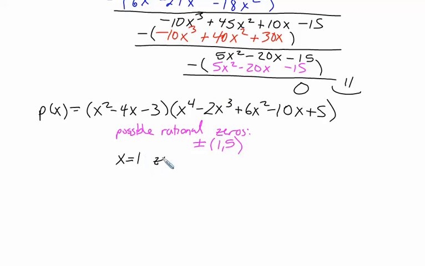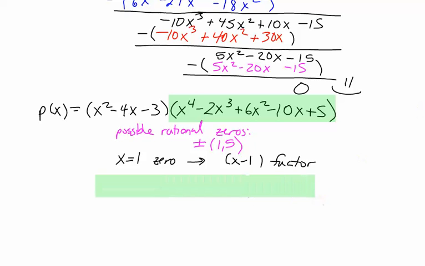X equals 1 is going to be a 0, which means that x minus 1 is going to be a factor. Now we only want to work with the part that we still need to factor, which is what I'm highlighting in green. And we're going to do synthetic division with it. Remember, if you're missing a term, you have to put a 0 in there.